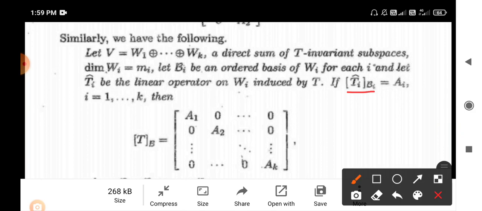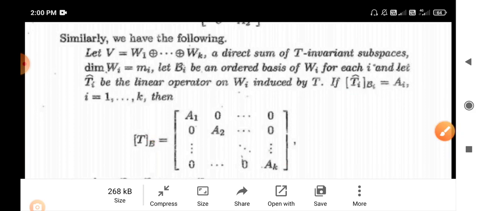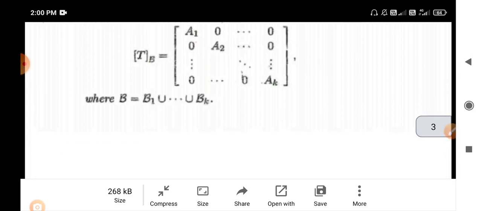Then the matrix of the linear transformation T with respect to basis B is a block diagonal matrix with diagonal entries the matrices A1, A2, A3 up to Ak, of sizes given by the dimensions of the subspaces. Okay, so this is an important concept.